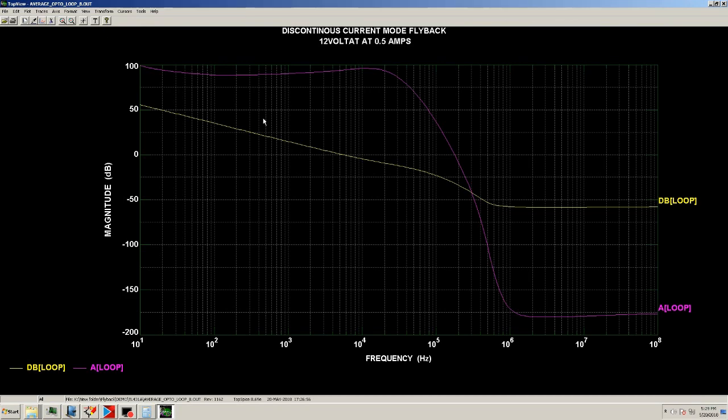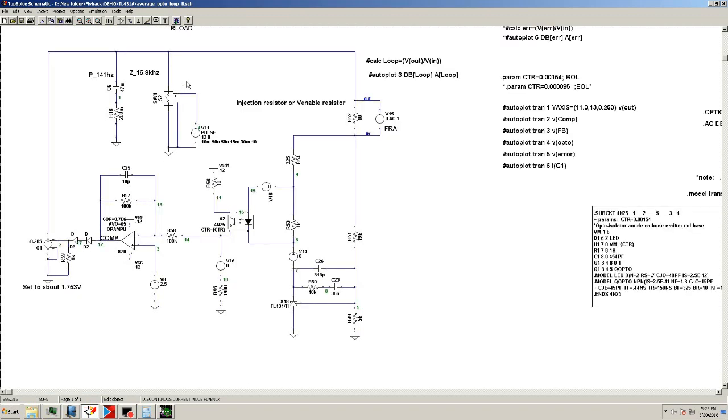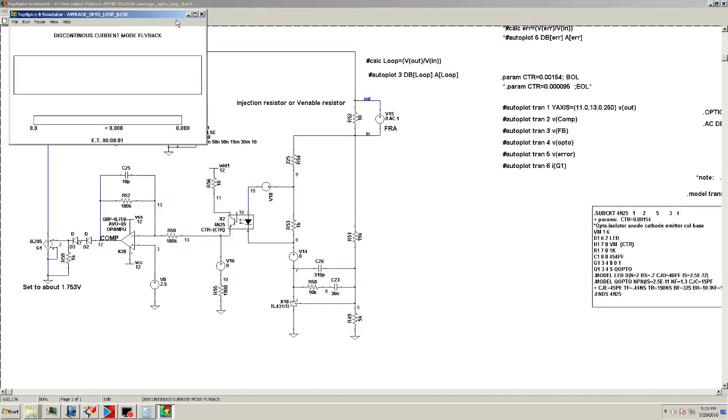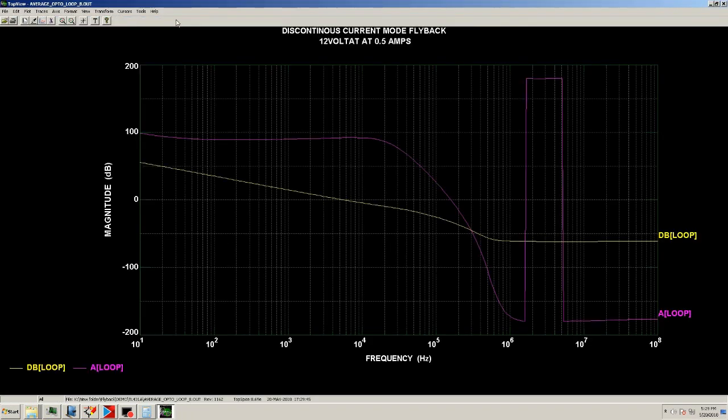Okay, I'm going to save that and see what the difference is. I didn't have a resistor or a compensator roll off, so I'll add that, simulate it, see how it looks. That looks pretty good. If you notice, right there it's got a little slope.